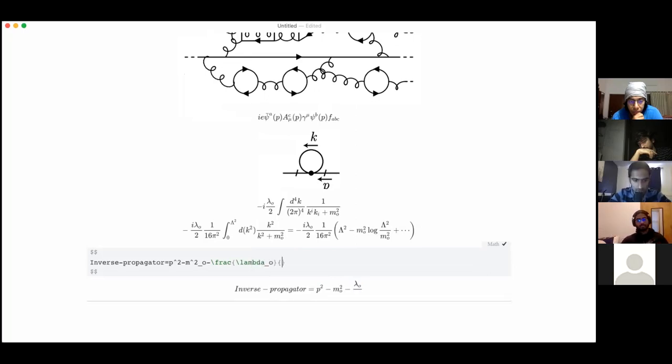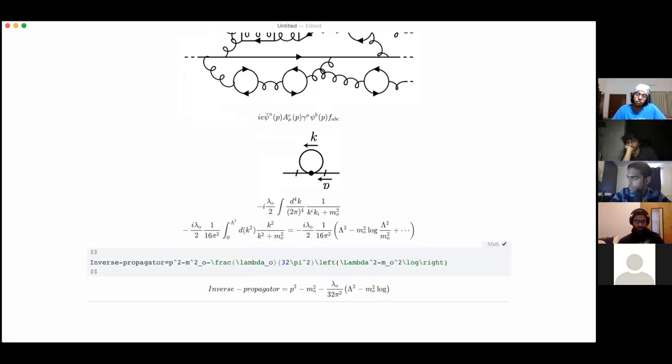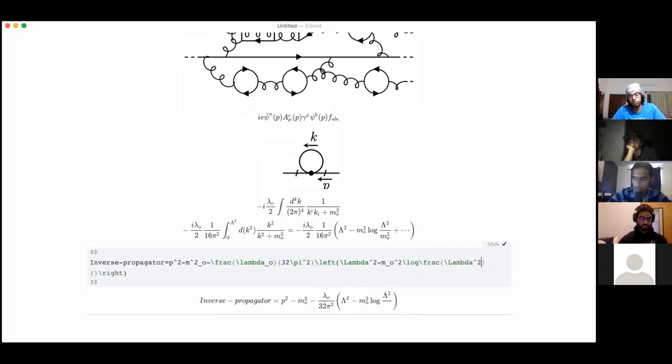The m naught times 32 pi squared. So there's going to be a lambda squared minus m naught squared times the log of lambda squared over m squared.